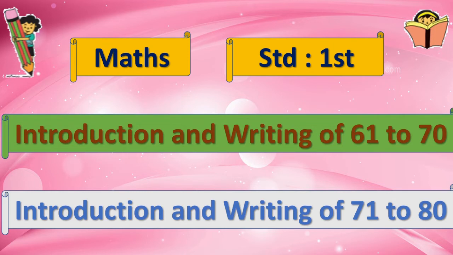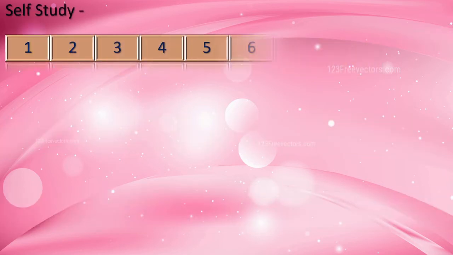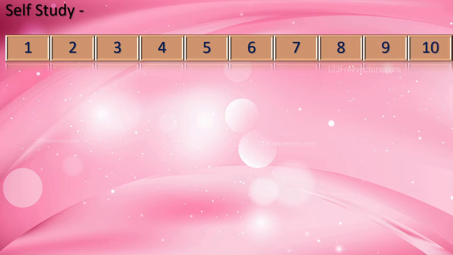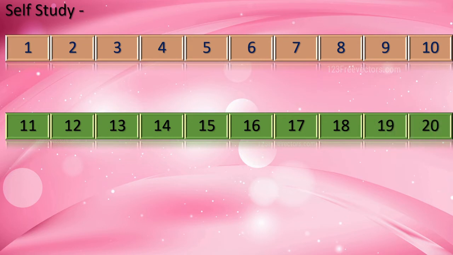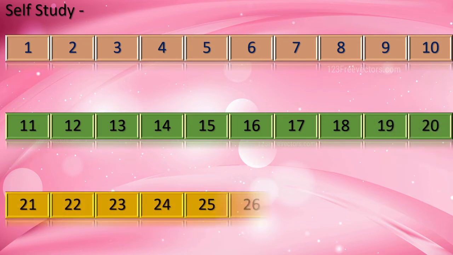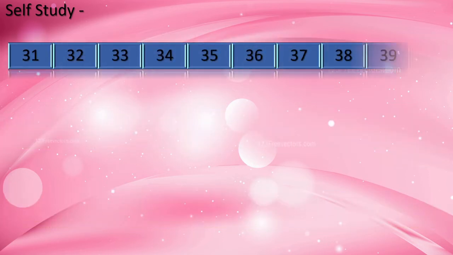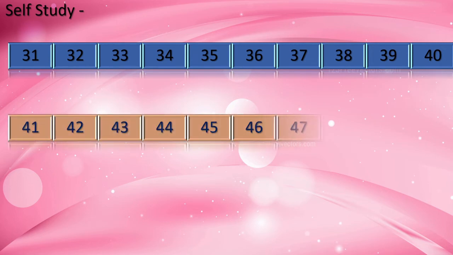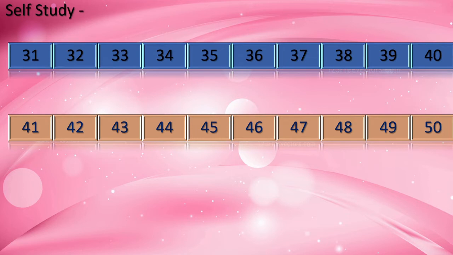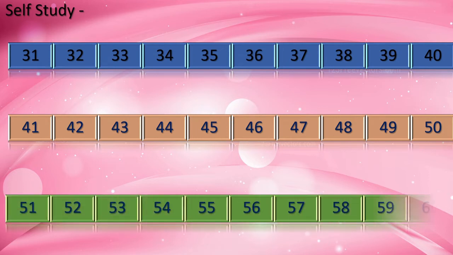For the children, before that we will do self-study. Here we will write numbers from 1 to 10, from 11 to 20, from 21 to 30, from 31 to 40, right? 41 to 50 and 51 to 60.